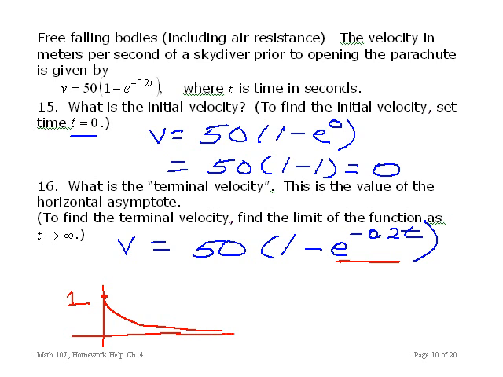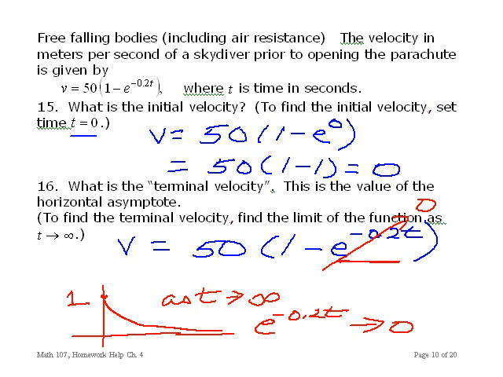So as t goes to infinity, as t gets very large, e to the negative 0.2t, however you scale it, goes to 0. So what happens? This term goes to 0, and what are you left with? 50 times 1, which equals 50. So this is your terminal velocity.